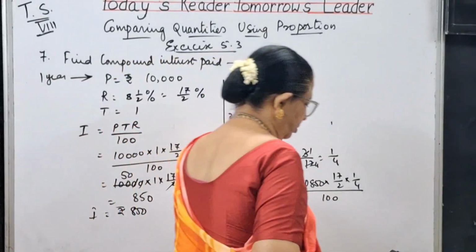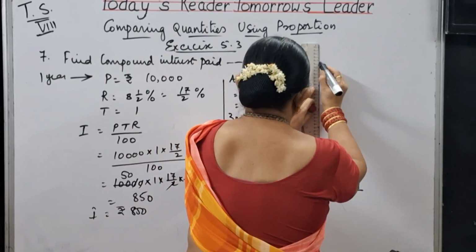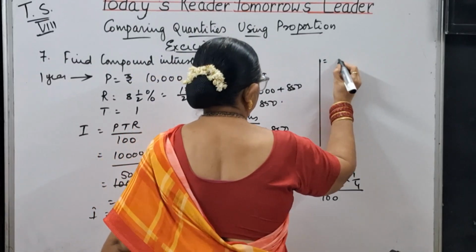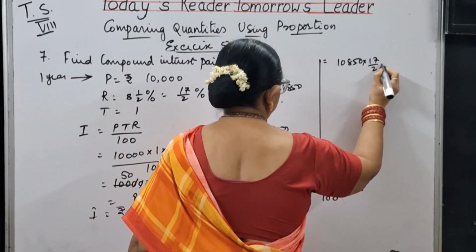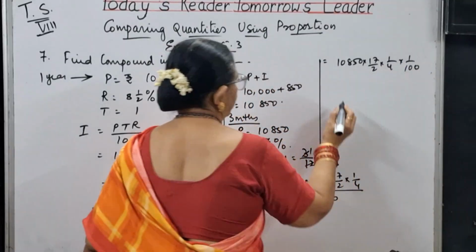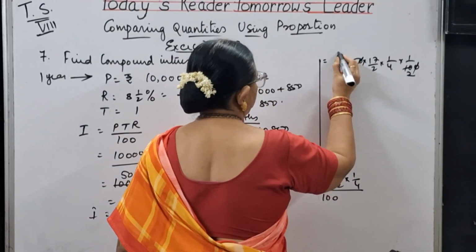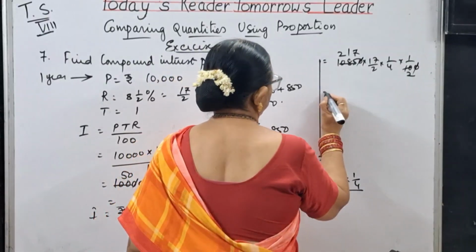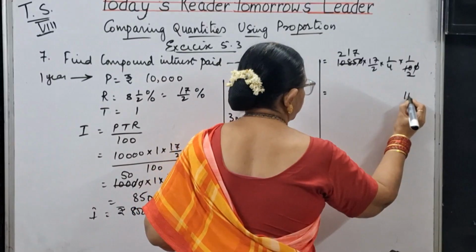So this can be written as 10850 into 17 by 2 into 1 by 4 into 1 by 100. 0 and 0 will get cancelled. 5 twos are 10, 5 ones are 5, 17 fives are 85, so 17 sevens are 119.